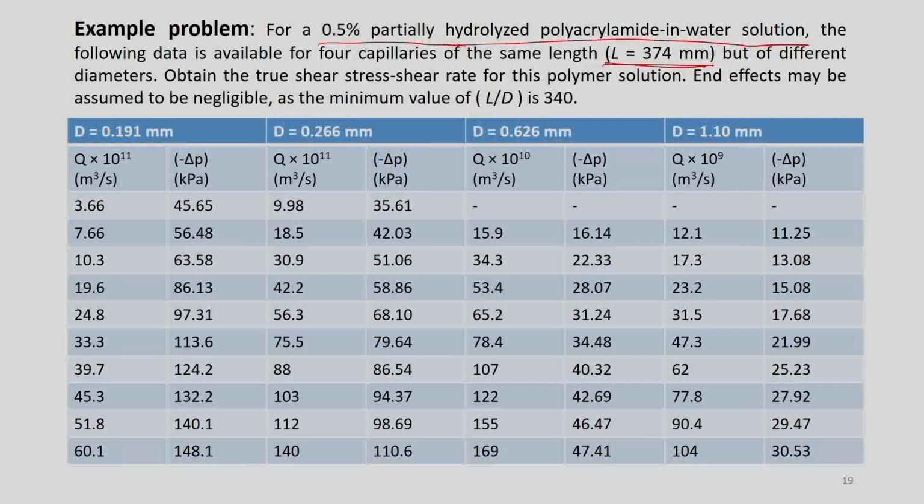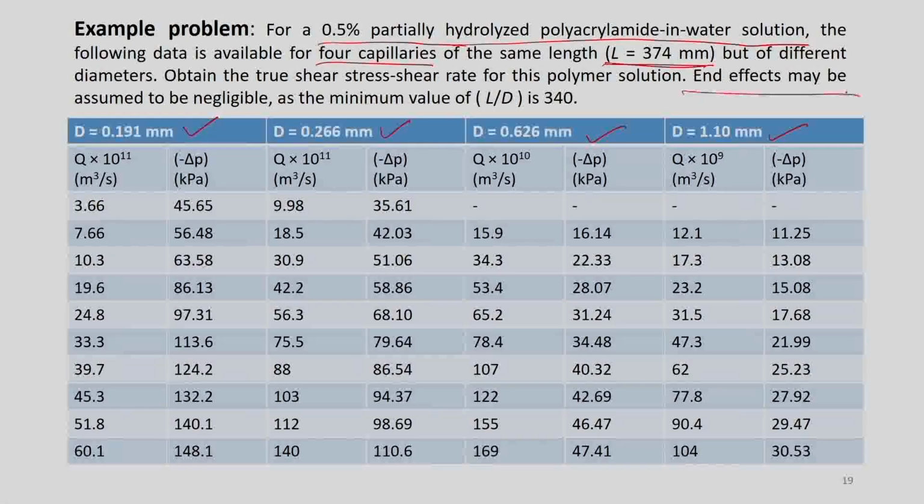They have taken 4 capillaries, length is constant at 374 mm, but diameter is changing. D1 is 0.191, D2 is 0.266, D3 is 0.626 and D4 is 1.1 mm, right. The question is to obtain the true shear stress versus shear rate information for this polymer solution.